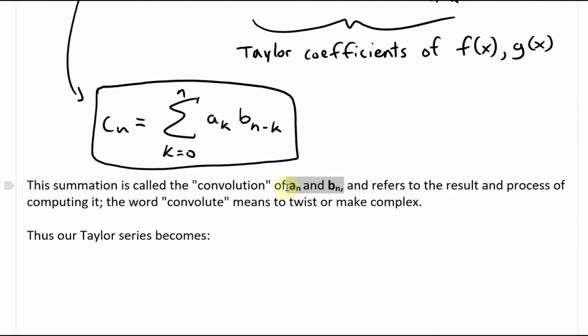These are again just the coefficients of the f of x and g of x series. This term refers to the result and process of computing it. The word convolute means to twist or make complex. So you take these two sequences of coefficients, combine them, and get a third sequence of coefficients: C0, C1, C2, etc.